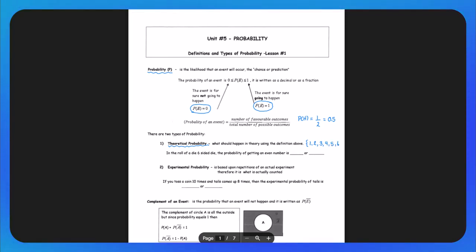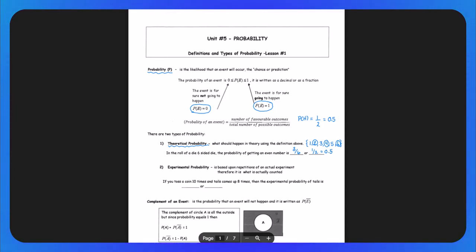So there are 6 possibilities. What are the even numbers? We have 2, 4, and 6. So there are 3 favorable outcomes and 6 possible outcomes. As a fraction, it's 3 over 6, but we sometimes like to reduce our fractions by dividing the top and bottom by a common factor, in this case 3. So we get 1/2, and if you want, we can put it as a decimal.